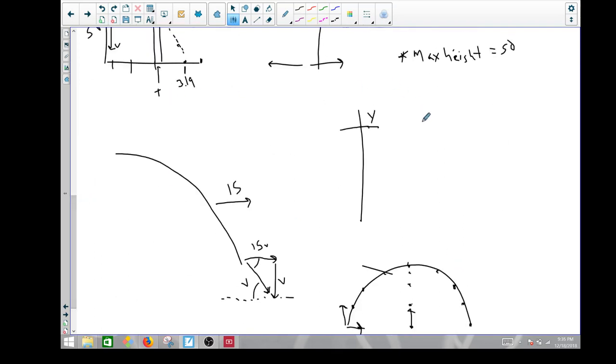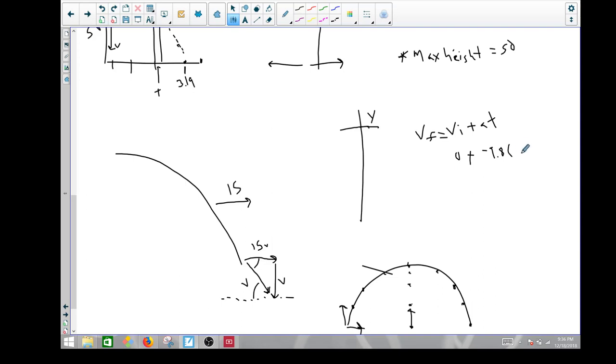So VF equals VI plus AT. Now this particular thing is in the air 3.19 seconds. So velocity initial in the y direction is 0. Acceleration is negative 9.8.